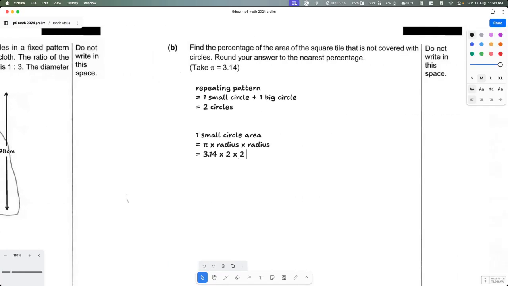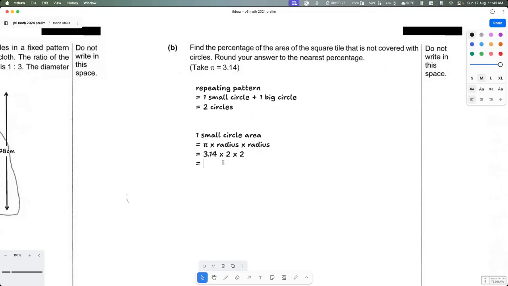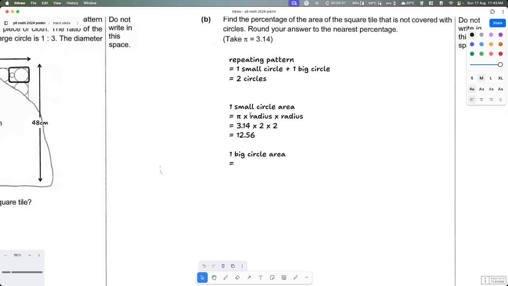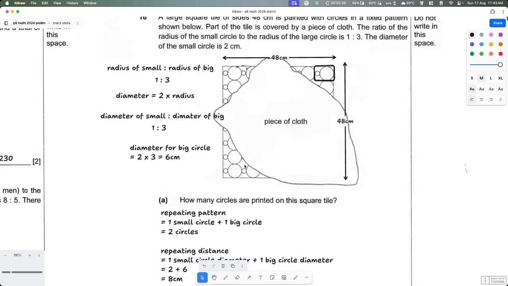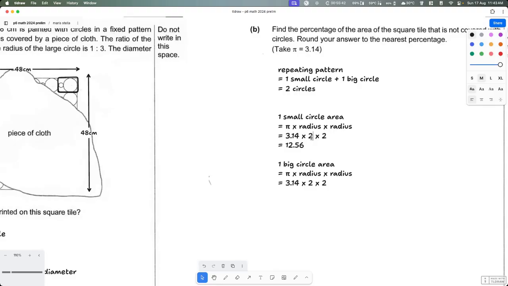Okay, 2 times 2, so let's use the calculator. 3.14 times 4 is 12.56. Oh, okay, my bad. So the radius is this 1 instead. 3.14 times 1 is 3.14.